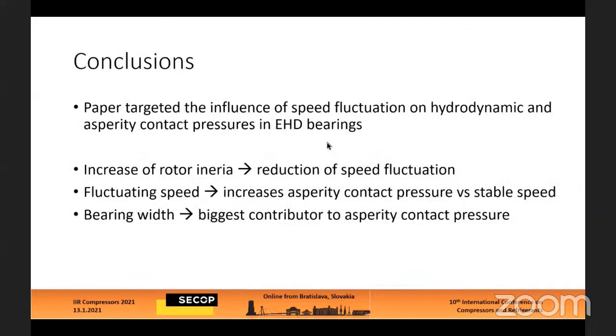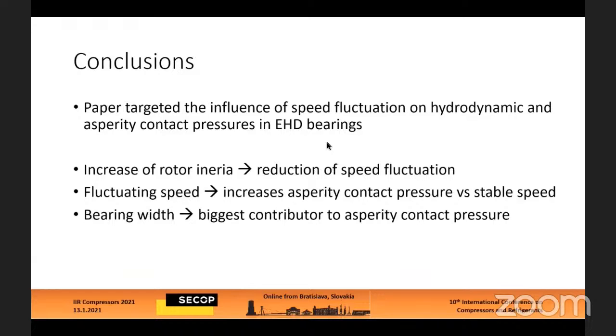So concluding, the target of this paper was to evaluate the influence of speed fluctuation on the compressor reliability, in other words, checking the hydrodynamic and asperity contact pressures in EHD bearings. And we saw that the modeling using AVL Excite is perfectly capable of capturing this influence.